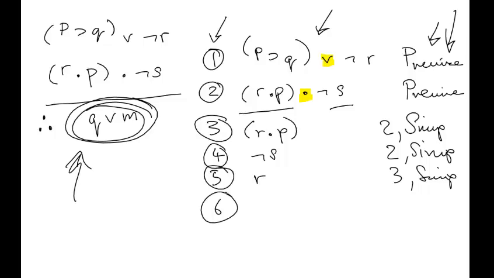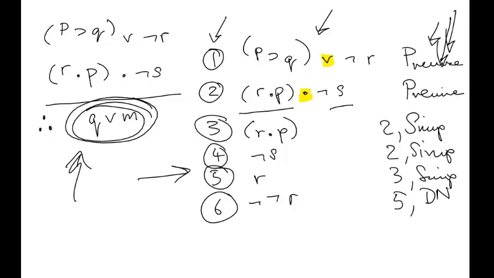Line 6, and so you see how that worked. What I'm doing is accounting for, in the justification column, how I got that line, how I got line 5. If I'm reading over here, I got line 5, which is R, from line 3 by simplification. Now, let's say I'll just apply a rule here, and I'll explain why in a second.